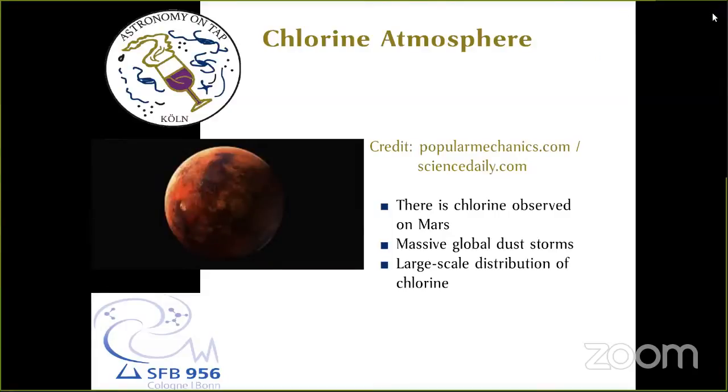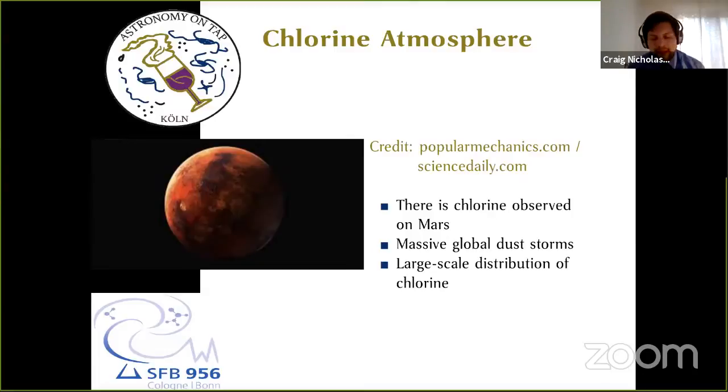I have a question. So this chlorine is produced in the atmosphere itself, or is it in the surface or within the rocky part, and then it's transferred to the atmosphere? I think it's a bit of everything. There's definitely chlorine in the soil and in the atmosphere. I mean, that's how they would detect it initially.